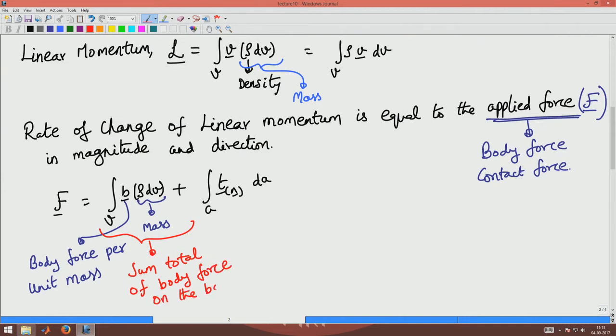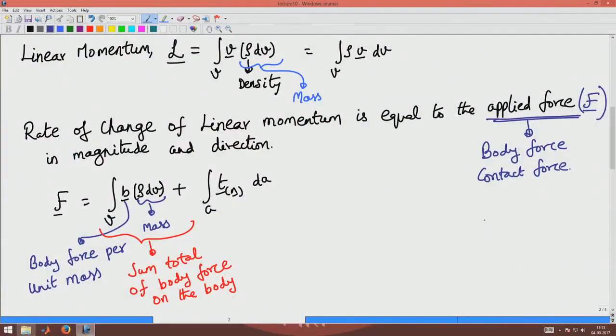Next, let us see what happens to this traction. I have a body. We saw that the boundary is also a cut surface of the body. So, if a body, let us say a potato, has some distributed forces acting over the boundary of the body, then the sum of all the contact forces is the sum of all these forces acting on the body.